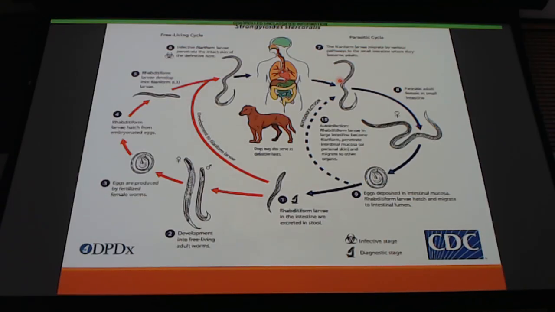Once it penetrates our skin, it makes its way up to the lungs. Once it's in the lungs, we swallow it, and it goes down into the intestinal tract, the small intestine specifically. It deposits eggs and we poop them out. And it continues to eat all our nutrition as we eat.